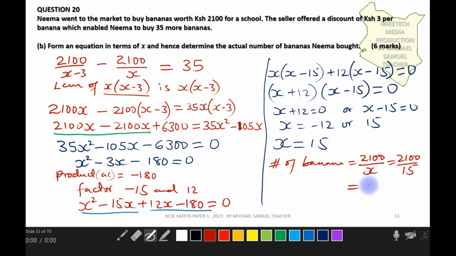Therefore, we end up getting 140. After the discount, he was able to buy 35 more since he was given a discount. So plus 35, we end up getting 175 bananas.